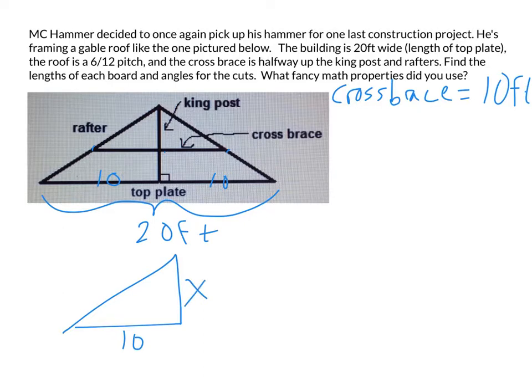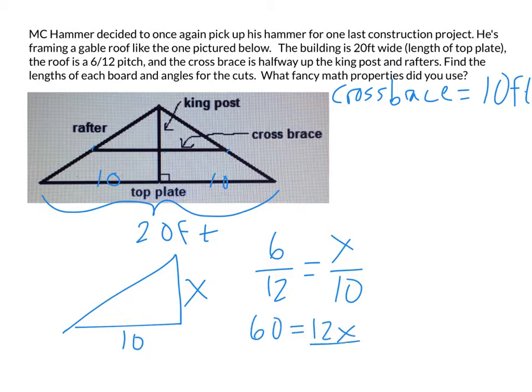Well, if its rise over run is 6/12, and my rise is x and my run is 10, a little cross multiplication is going to do the trick after I set up that proportion. 6 times 10 is 60, equals 12 times x. If I divide by 12, what do I get for x? 5. Awesome. So my king post is equal to 5 feet.